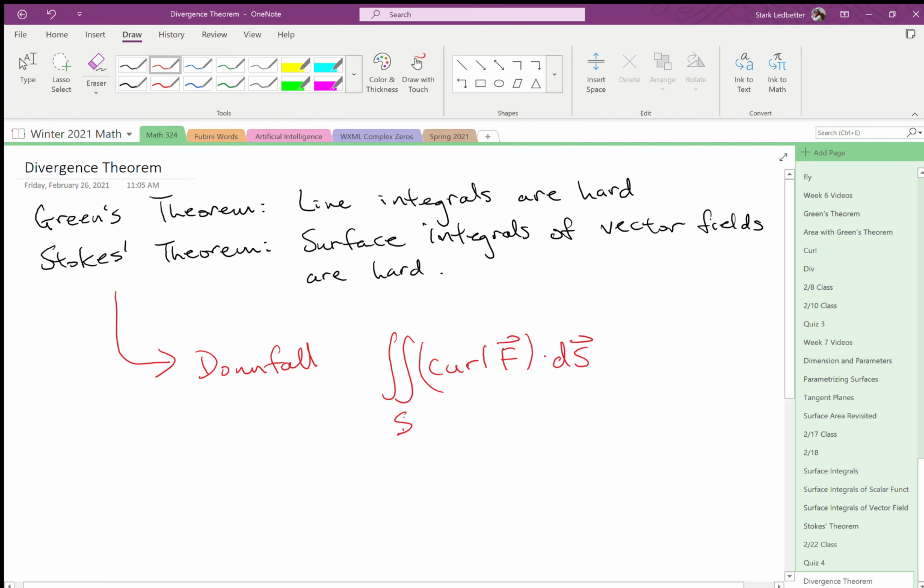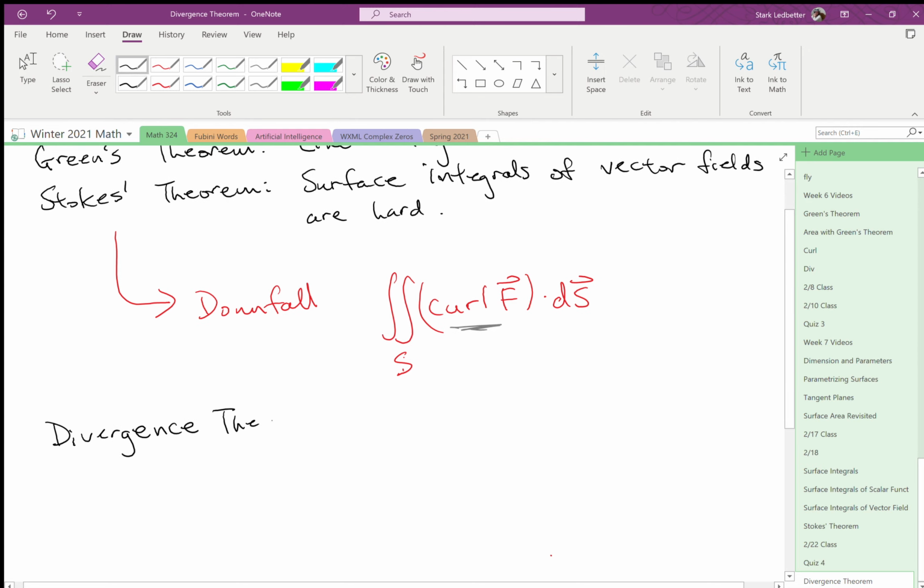So if you have just any general vector field that you want to integrate over a surface, Stokes' theorem might not help you. That's where the divergence theorem comes in. Stokes' theorem was able to change the integral of a curl over a surface to a line integral.